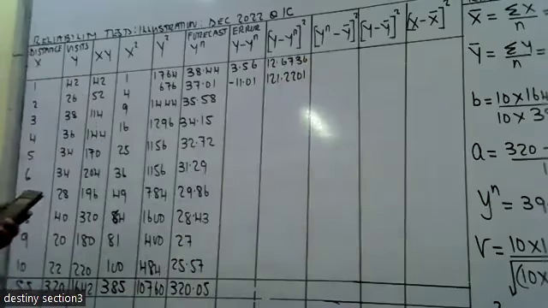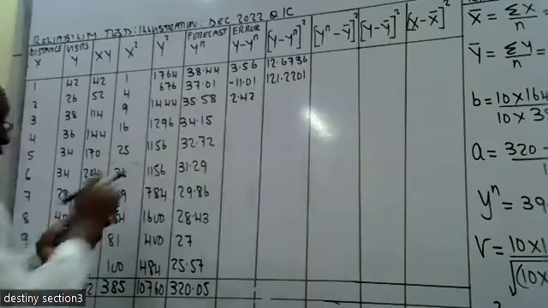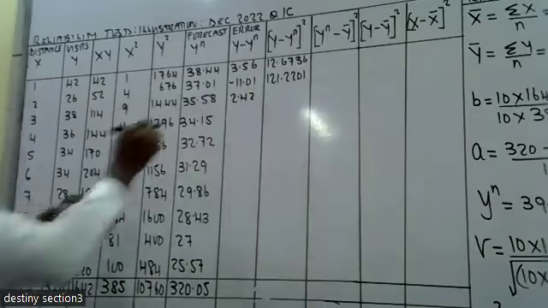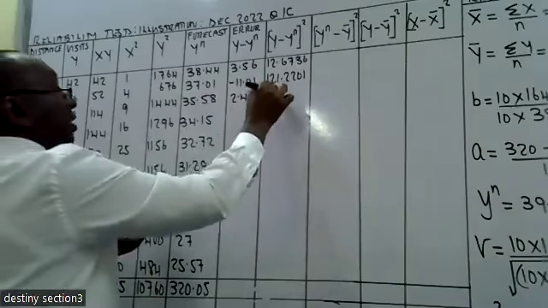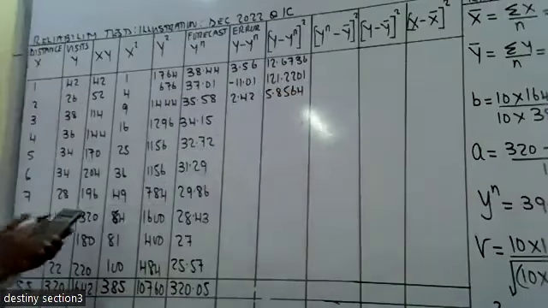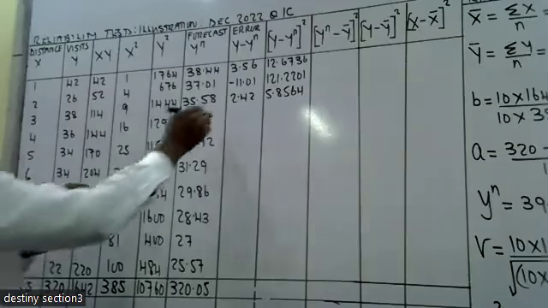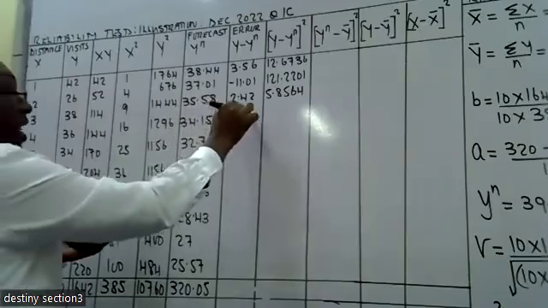38 minus 35.58 is 2.42. You square that, you get 5.8564. 36 minus 34.15 is 1.85.